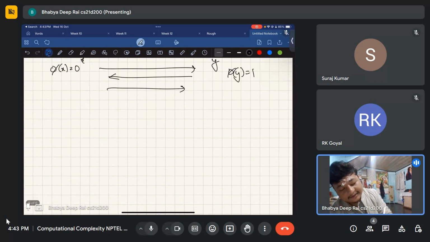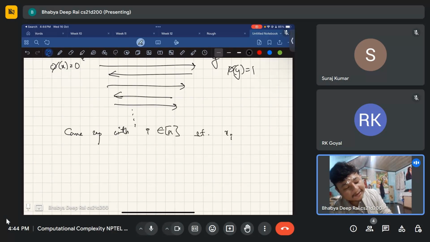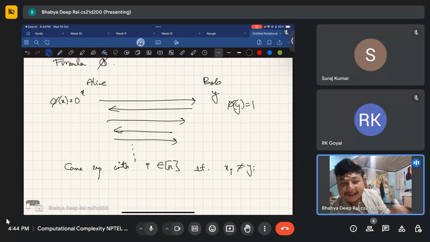Since they don't match, they have at least one position where x and y differ. So they need to come up with an index i such that x at position i is not equal to y at position i. This is the game that they play, and this is what is called a KW game.